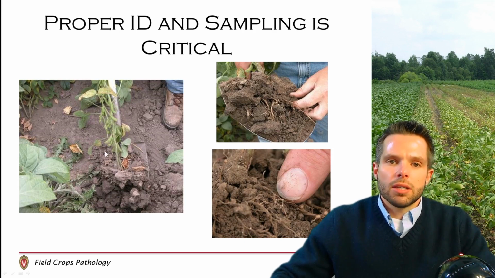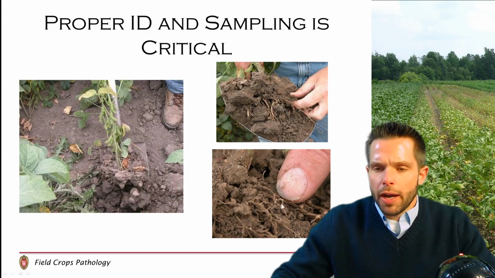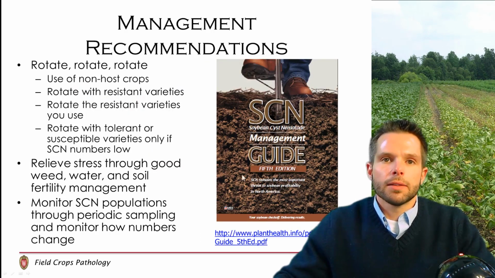You're not going to see this early in the season, but sort of mid-growth stages when we've had pods set, you can pull plants, dig them up, and find those cysts. Now, don't confuse these with, of course, nodulation on soybean. The cysts are much, much smaller than a typical nodule would be on a soybean plant.